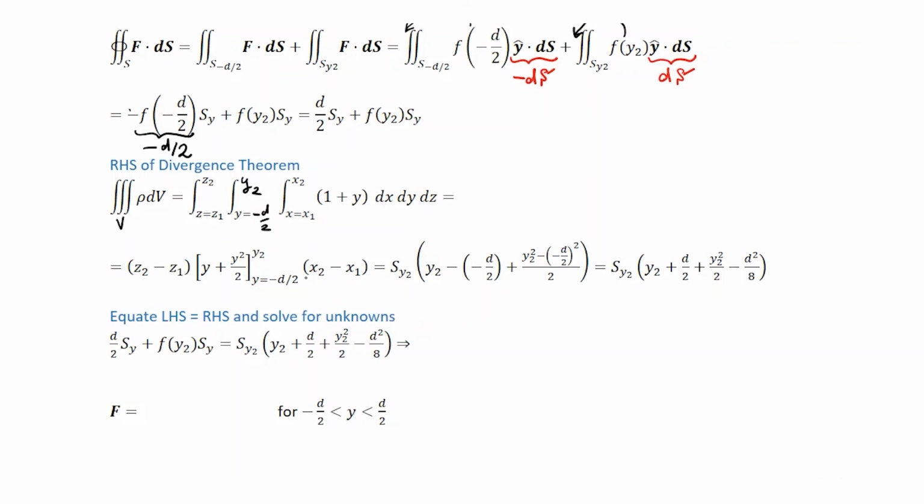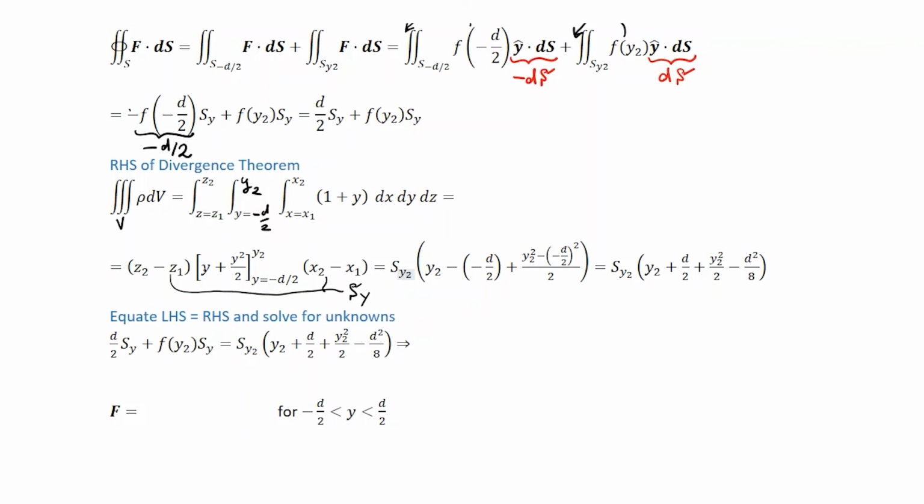Then I used the fact that this times this gives me the surface area of the surface, Sy, and here we have this same surface. Okay, and then I evaluated what this is. This is the only thing that's left.